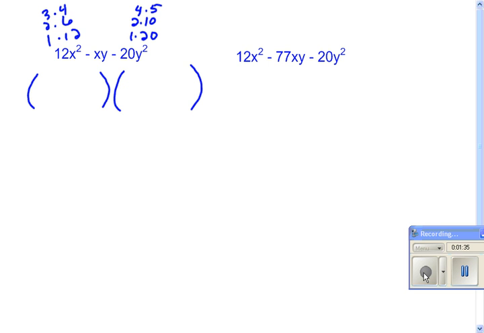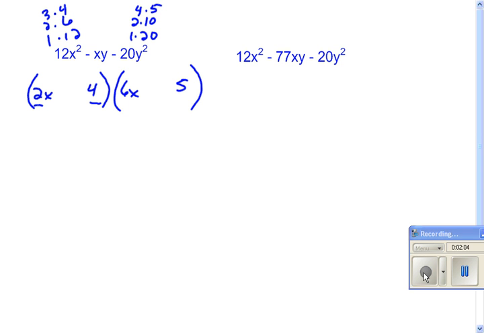If you were to choose the 2 and the 6, they are both even. And no matter which of the ones you choose for the 20, like 4 and 5, or 2 and 10, or 1 and 20, you are guaranteed to have to put an even number with an even number.